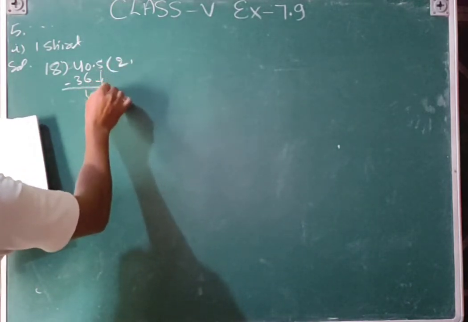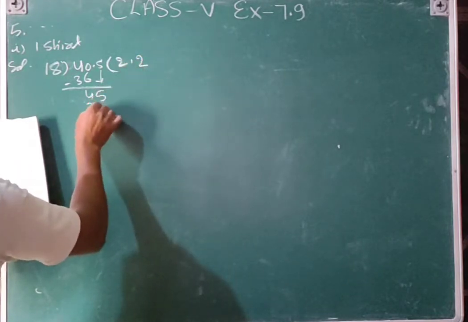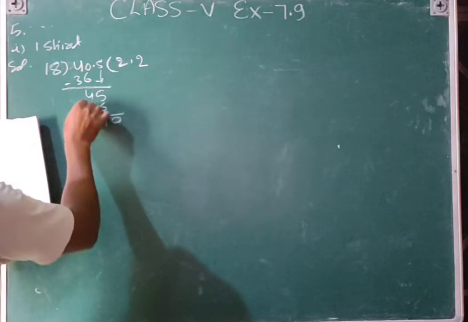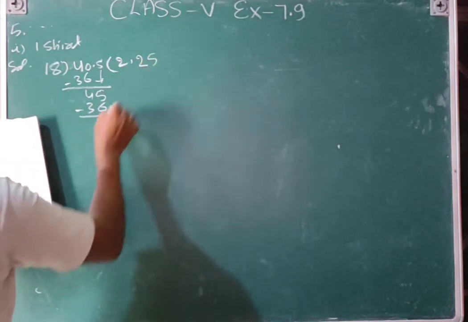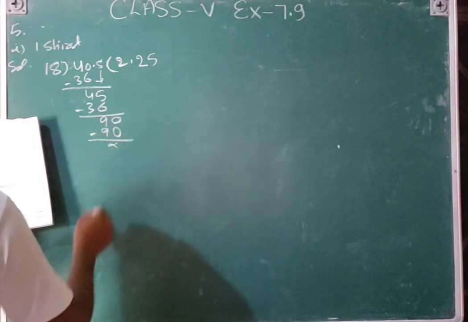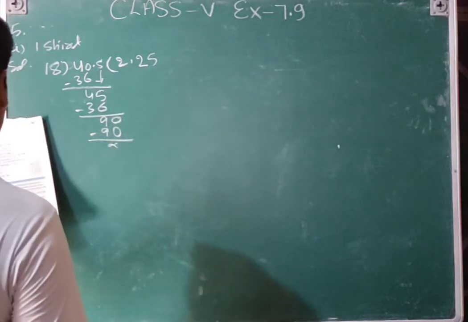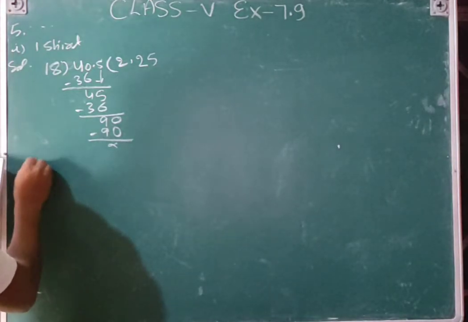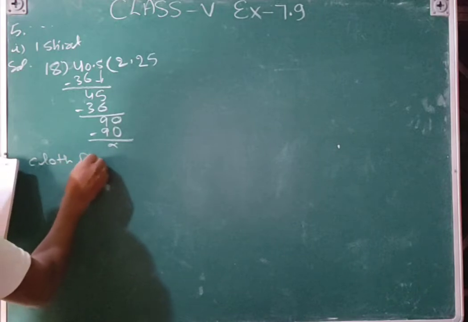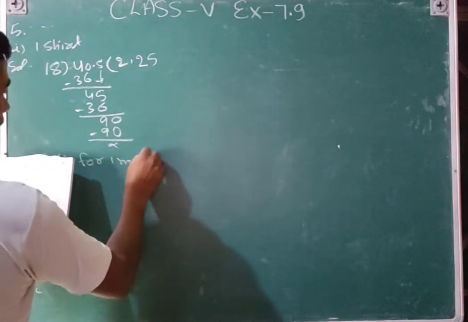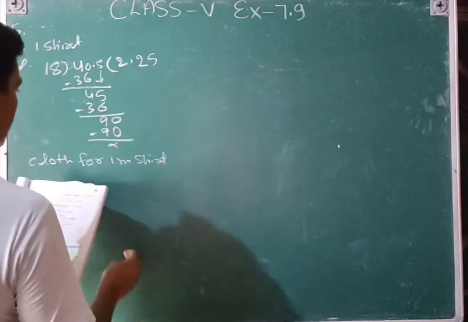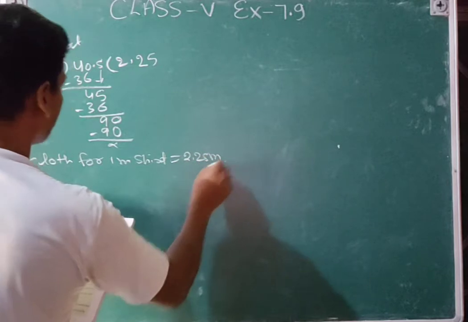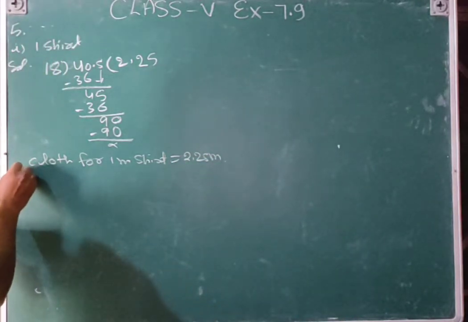Then the decimal, next digit 5. 18 twos are 36, and then left is 9, 0 by ourselves, 18 fives are 90. So the cloth for 1 shirt is equal to 2.25 meter.